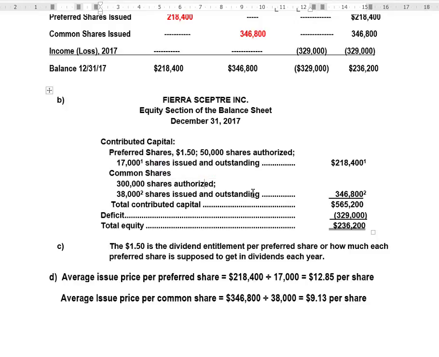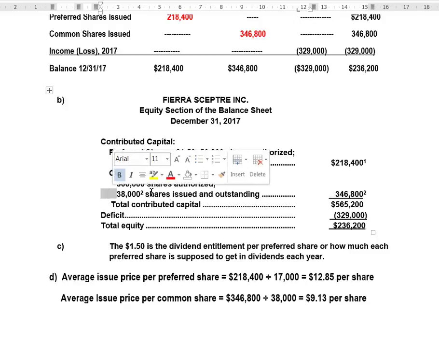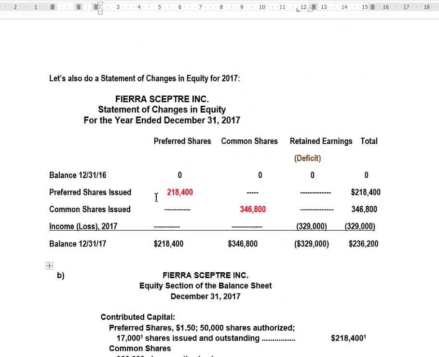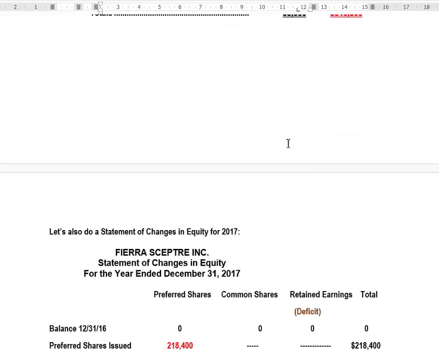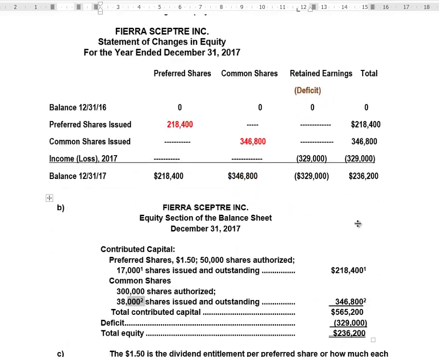That was given to us in the question. Notice we don't state anything with respect to the dividend because common shareholders by and large do not get a stated dividend. And we know that of that $300,000 they're authorized to issue, $38,000 have already been issued. Again, we know that because we tracked it up here when we were issuing shares. If we look again at our statement of changes in equity, we can see that that's $346,800.